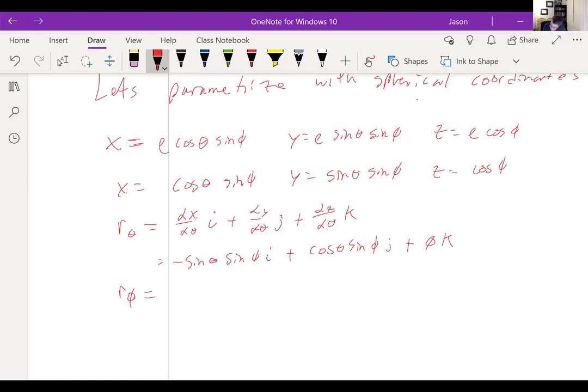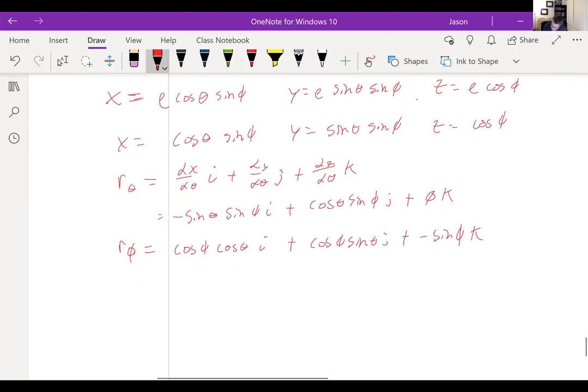So dx d phi is going to be cosine phi cosine theta i, plus cosine phi sine theta j, and the derivative of cosine phi is negative sine phi, so minus sine phi k.